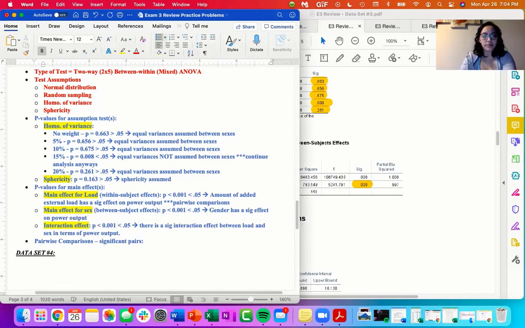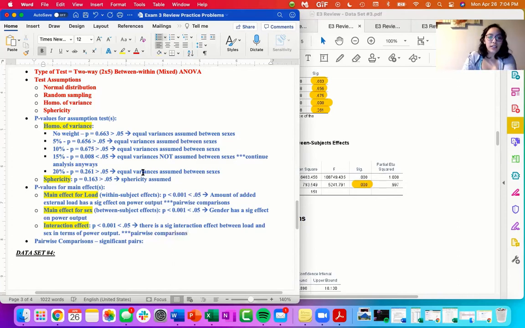Okay, so again, anything that has significance, we would need to look at pairwise comparisons. For gender, because there's only 2 levels, we can assume that the differences are between males and females only.